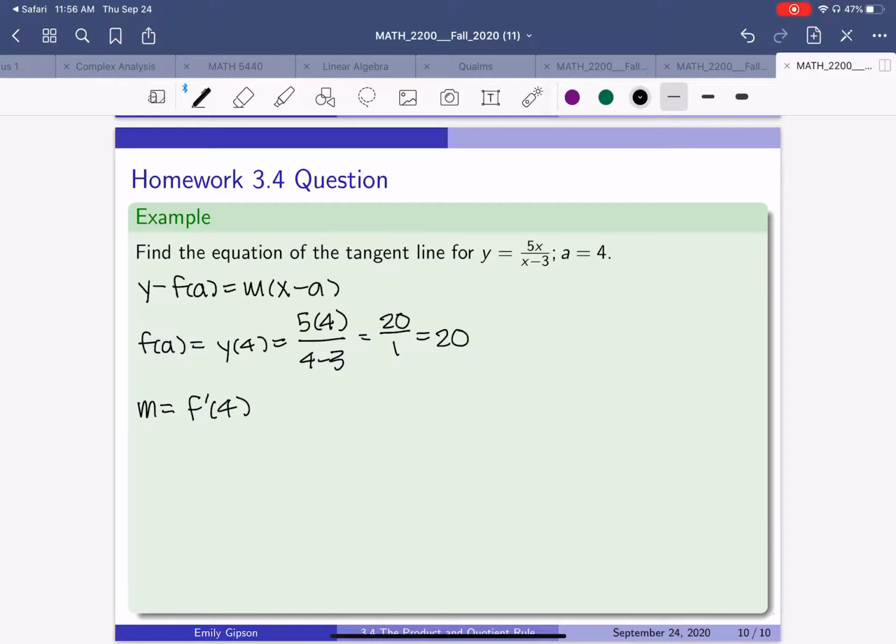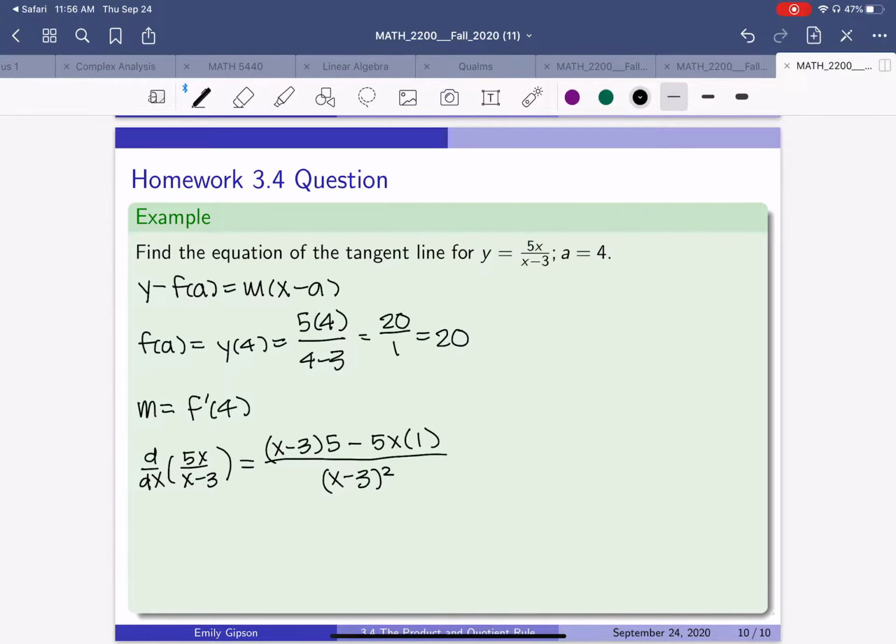So we need to find f prime. So d/dx of 5x over x minus 3. We're going to do low, which is x minus 3, d high, which is 5, minus high, which is 5x, d low, which is the value 1, all over low squared, x minus 3 quantity squared.